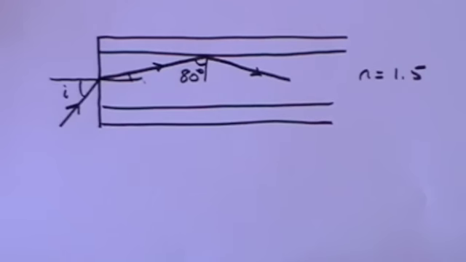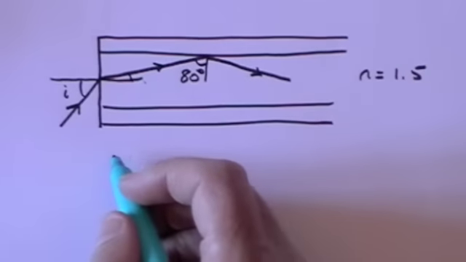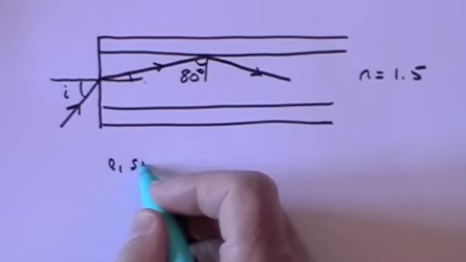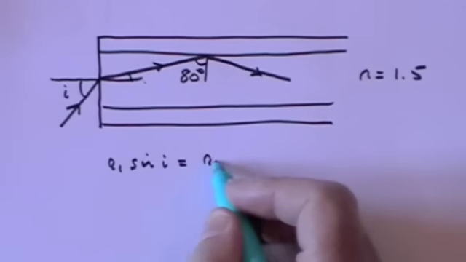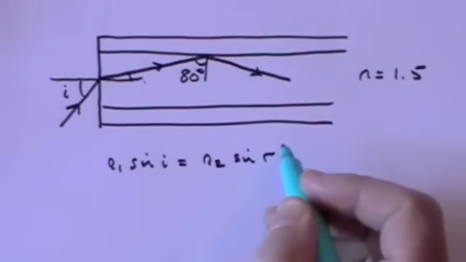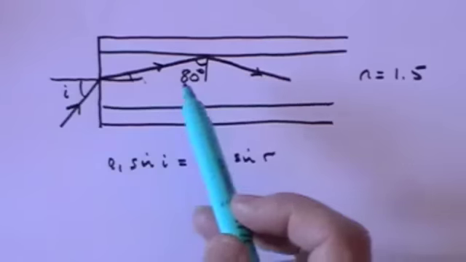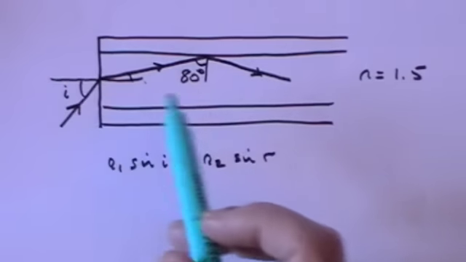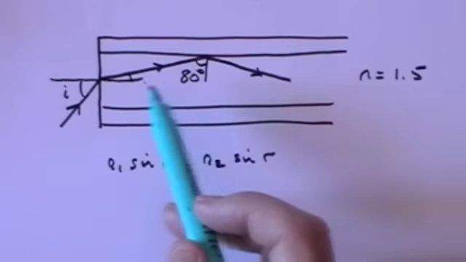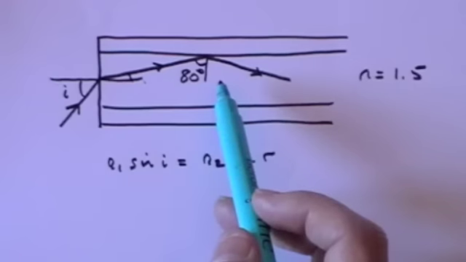And so we can simply say that we're using the formula n1 sine I equals n2 sine R, where this is air, and therefore n1 is n1 for air. This is glass, so n2 is n2 for glass.